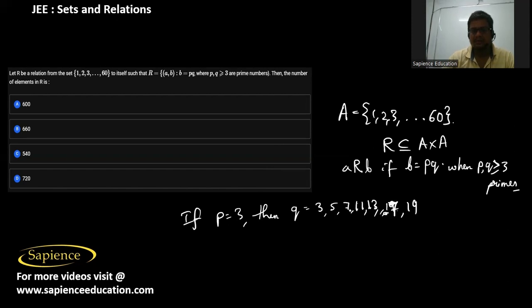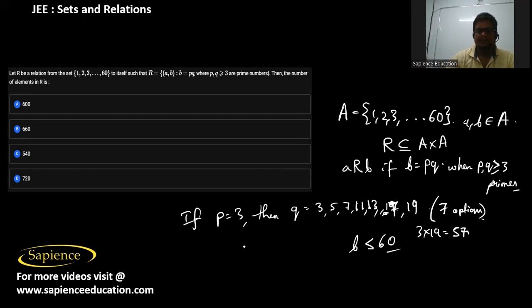So we have 1, 2, 3, 4, 5, 6, 7 options here, since 3 into 19 is 57. And B should always be less than or equal to 60, B can't be more than 60, since A and B should belong to the set A.